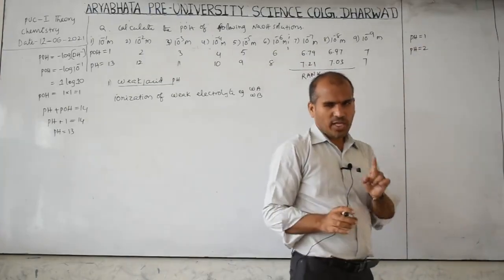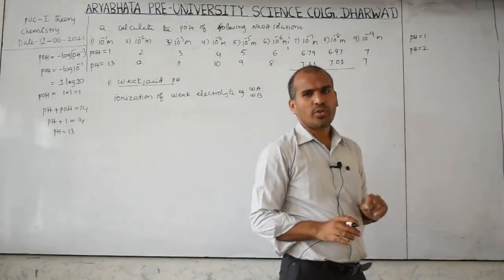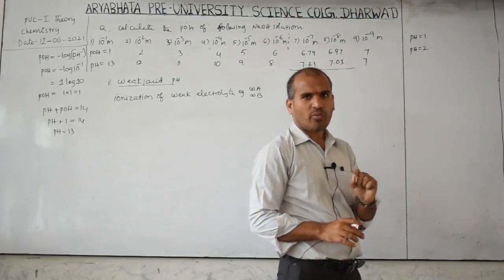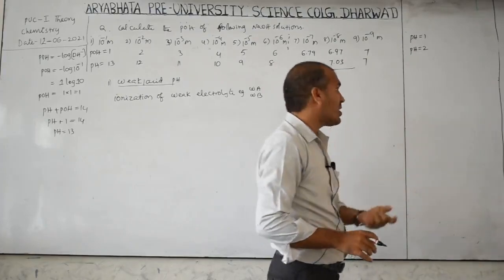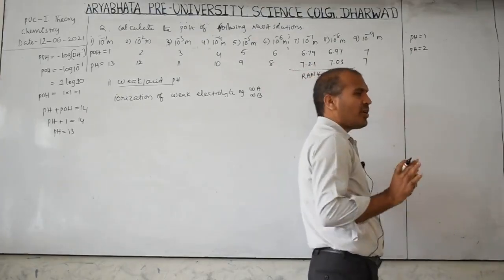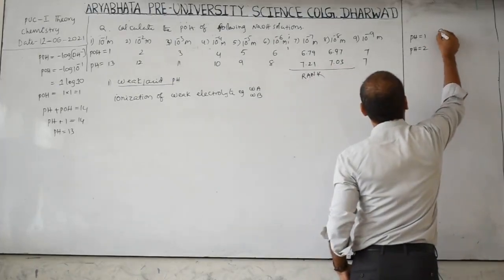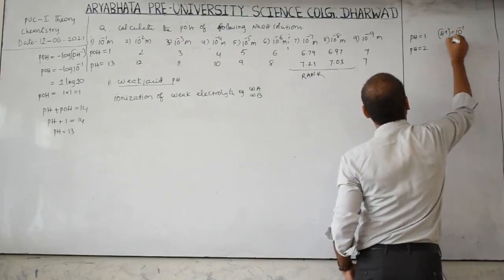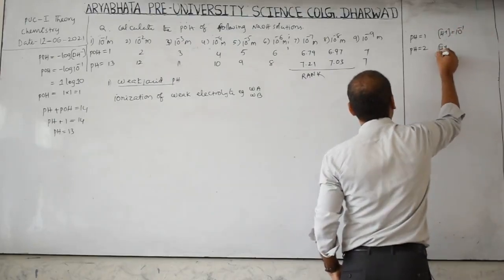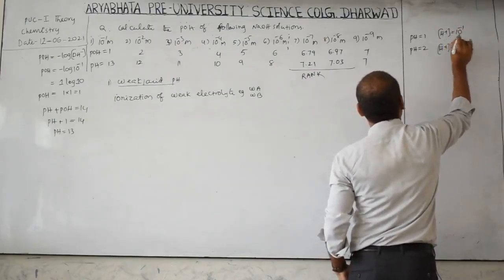So when pH is changing by 1 unit, their H plus ion concentration changes by a factor of 10, because pH 1 means H plus ion concentration is equal to 10 power minus 1, and the other is 10 power minus 2.